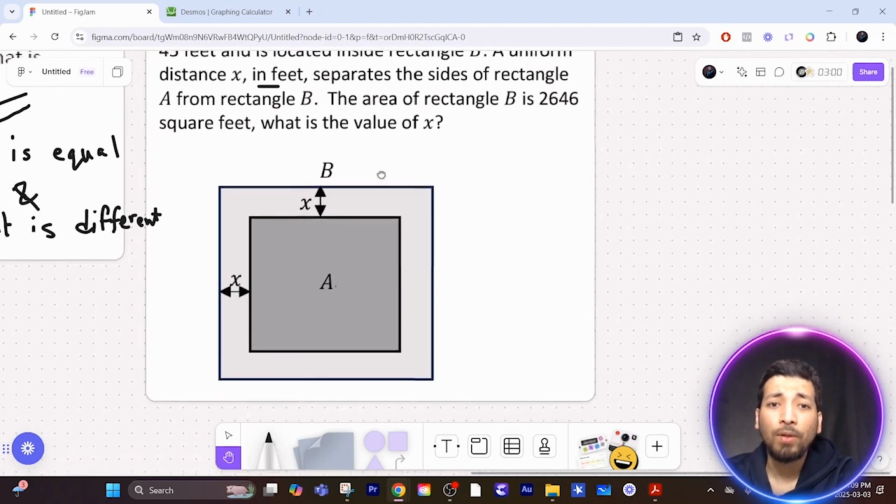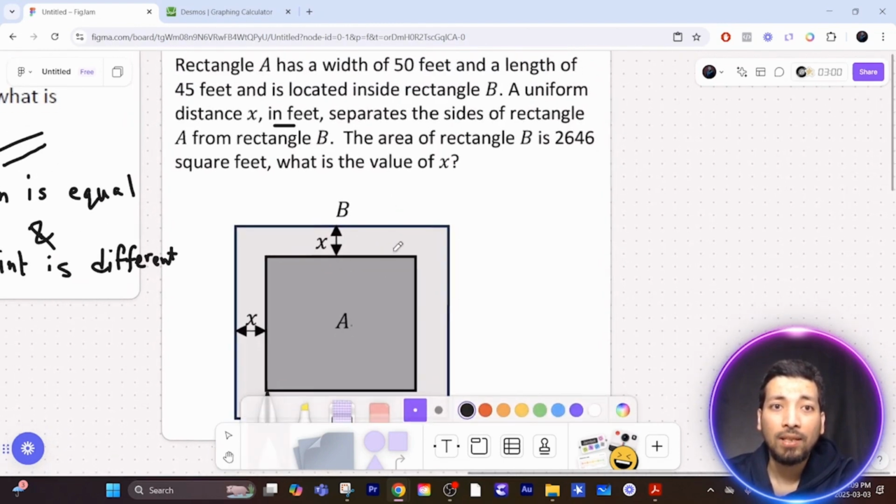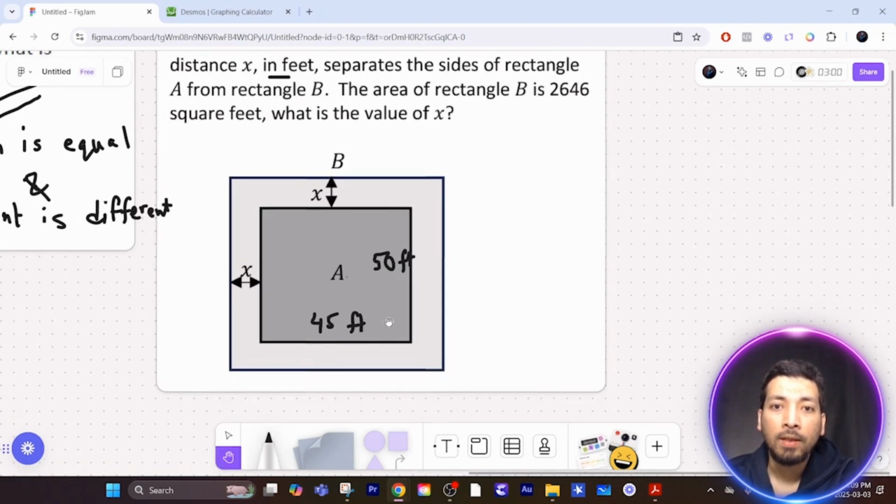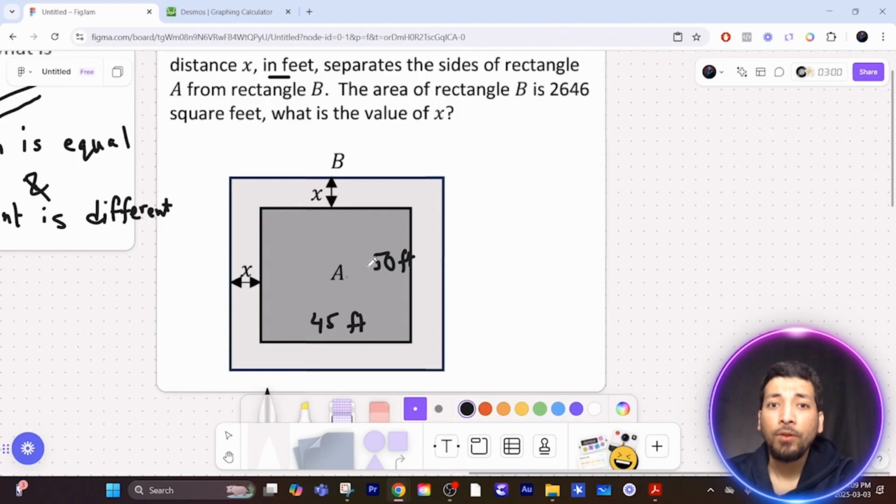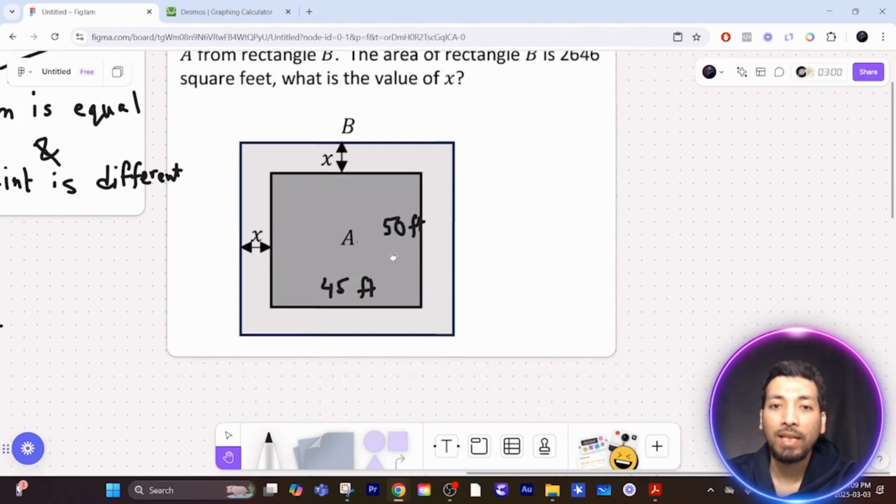So if you look at this rectangle A, we know that the length of rectangle A is 45 feet. And the width of the rectangle is 50 feet. Now, if we try to find the length and the width of rectangle B using this 45 and 50, let's see what we get.